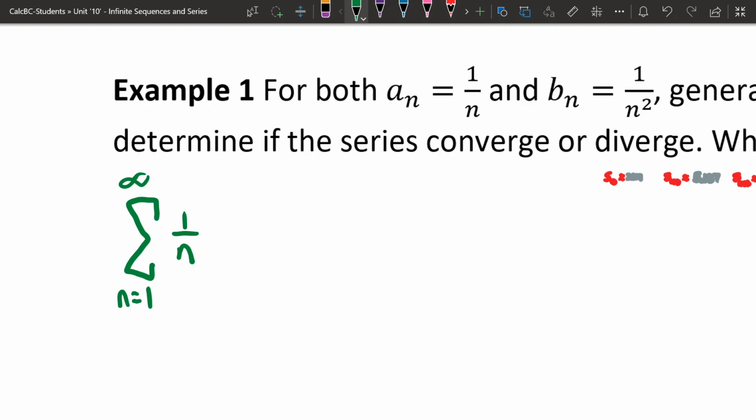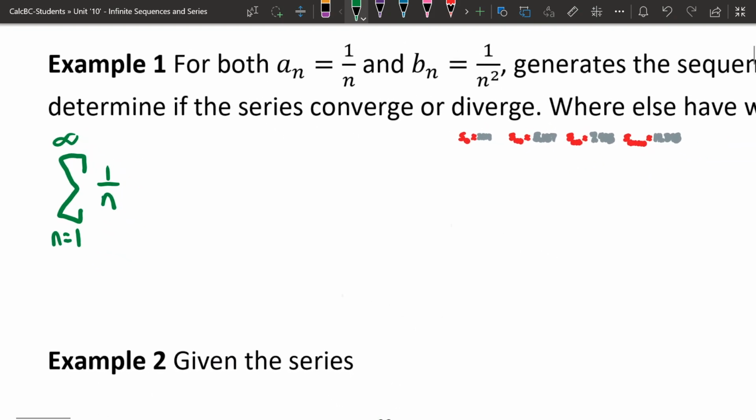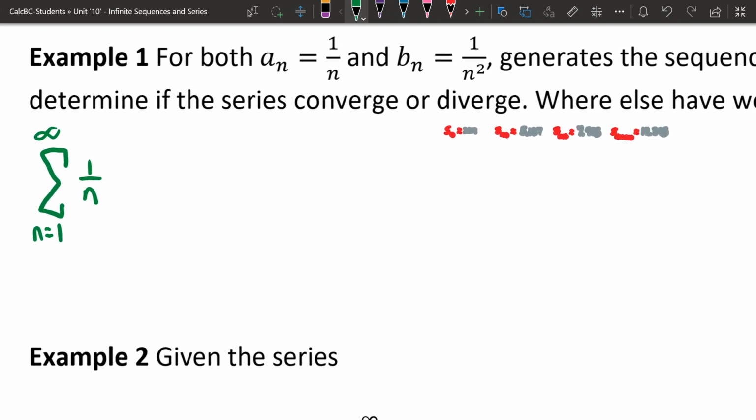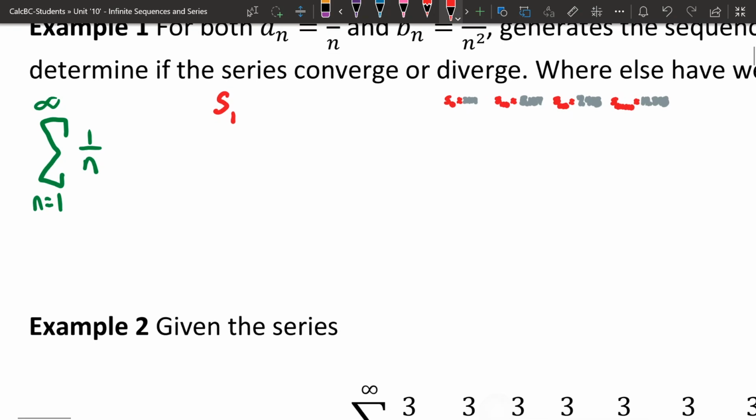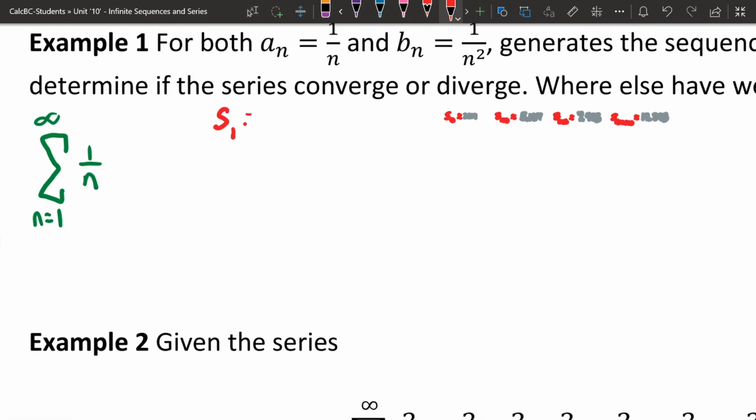All right, so the way that we're going to start off doing this is to get an intuition of these series by looking at partial sums. So if we look at, let's say, S sub 1, again, that's the sum of just the first term. If we plug in a 1, 1 over 1 is just 1, so that's 1.